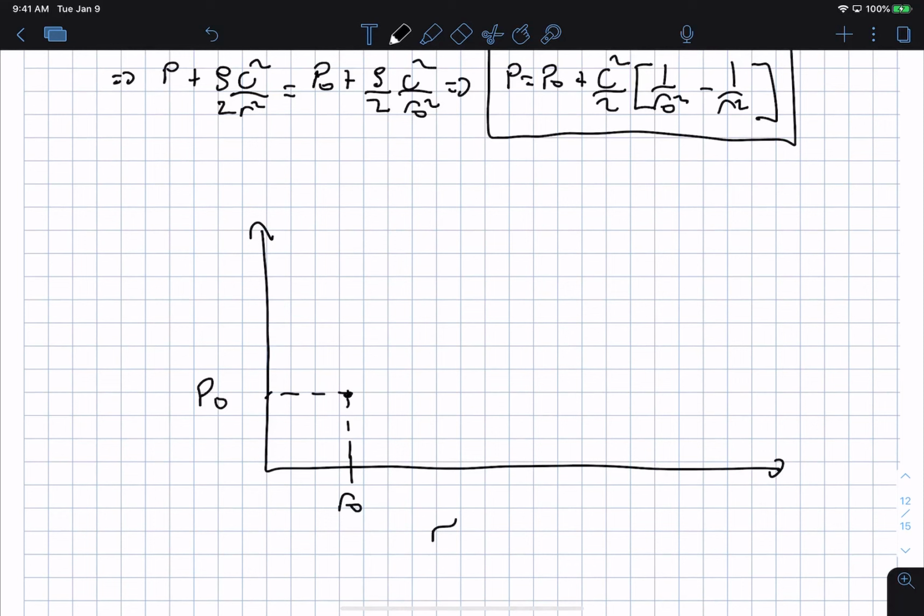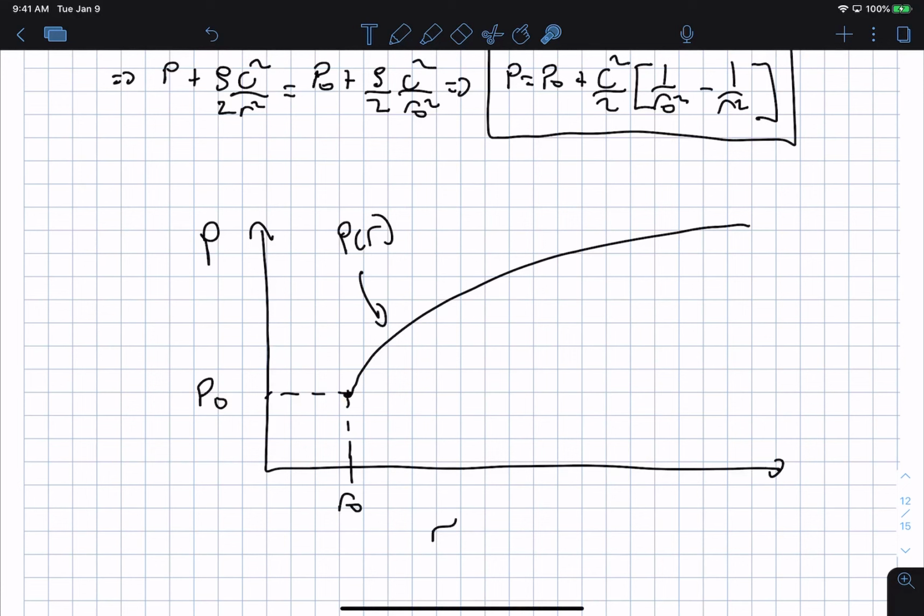What we find is that the pressure will look something like this, and this is our P of R. If you evaluate this expression, the pressure is lower as you decrease R, and in fact it becomes singular and will become very negative and very unphysical real fast.